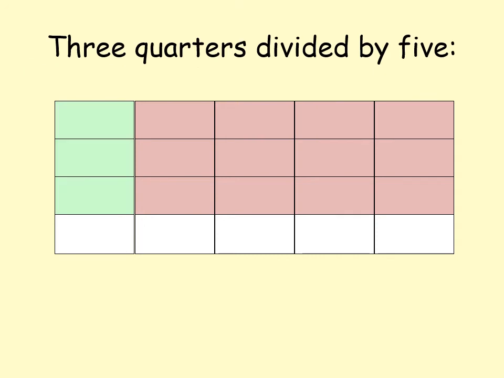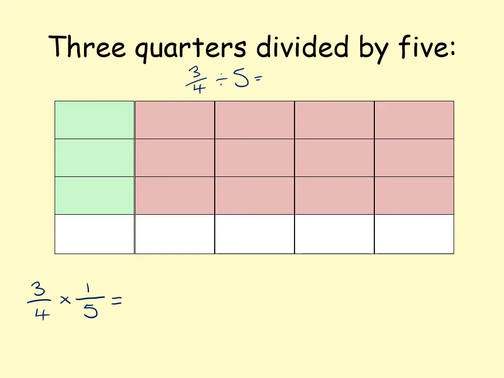So let's turn 3/4 divided by 5 into a multiplication. So we do the 3/4 and then turn it into a multiplication. Remember the 5 goes on the bottom now, and we turn that 5 into a proper fraction by putting 1 as the numerator.